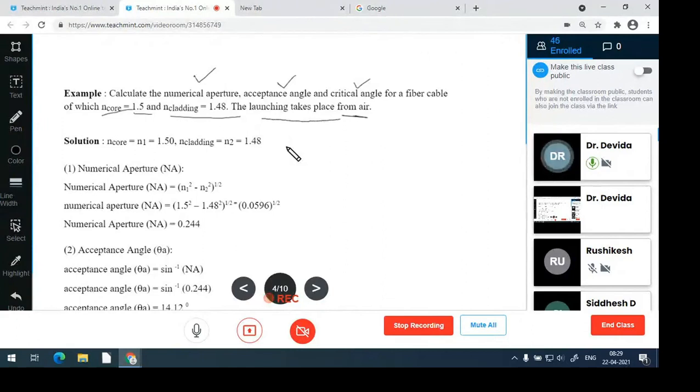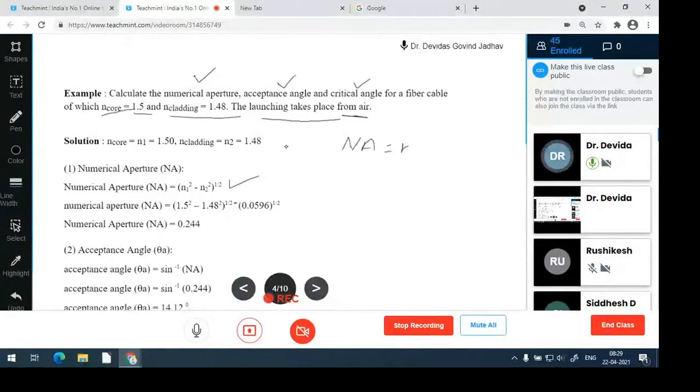So N0 is 1. So for acceptance angle and numerical aperture, the equation is numerical aperture is equal to sine of theta. Na is equal to sine of theta, N0 is 1. Now in this problem we can use some other formula of the numerical aperture.